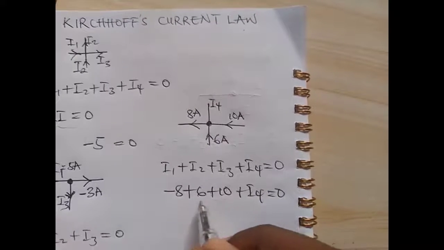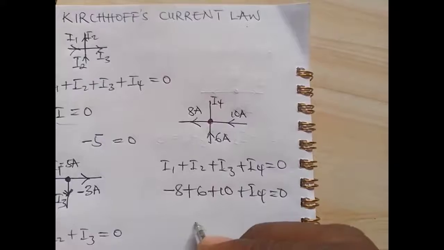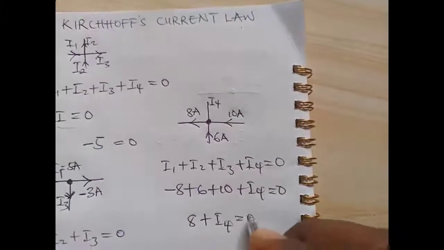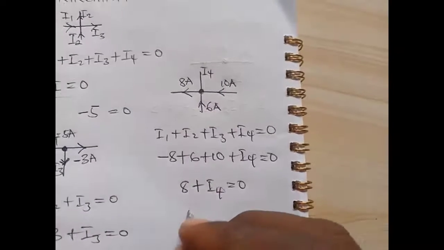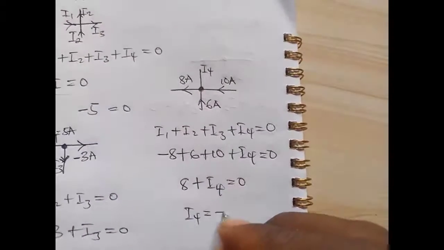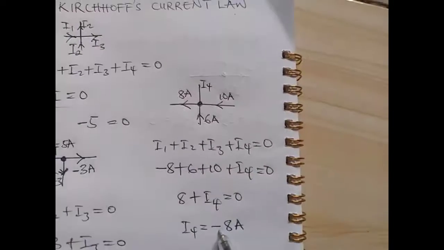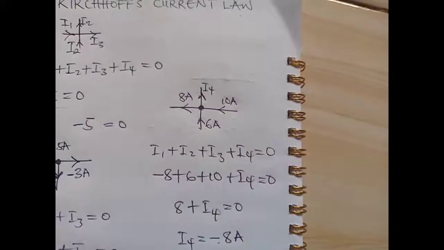Now, 6 and 10 is 16. 16 minus 8 gives us 8. So we have 8 plus I4 equals 0. If this 8 crosses over, it becomes negative, so I4 equals negative 8 amperes. The fact that it is negative means it was actually leaving the junction.